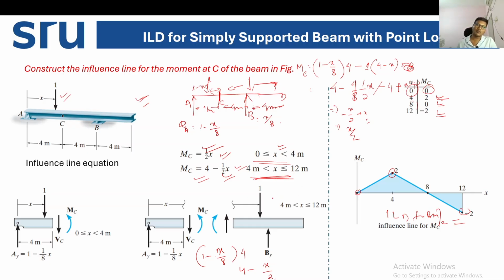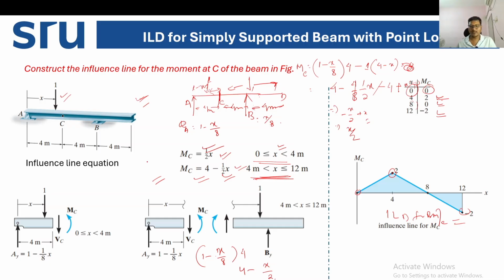When complicated loading conditions come, like a series of loads or UDL, we have to calculate very quickly. So this is the detailed procedure for constructing the influence line diagram when a point load is moving from one end of the beam to the other.